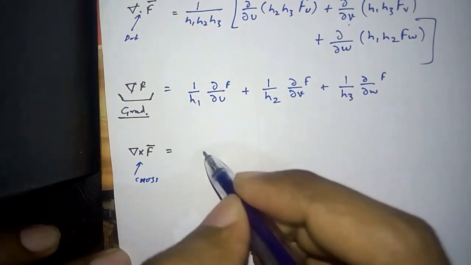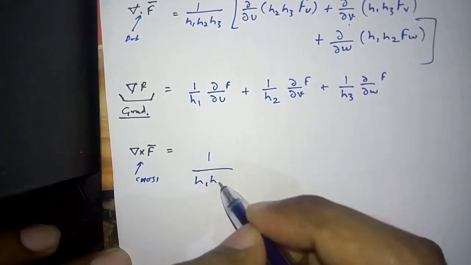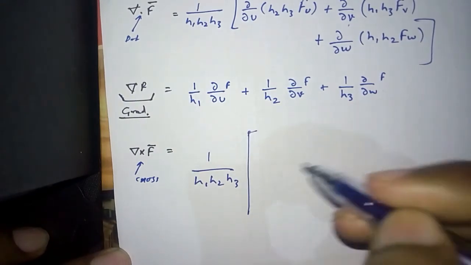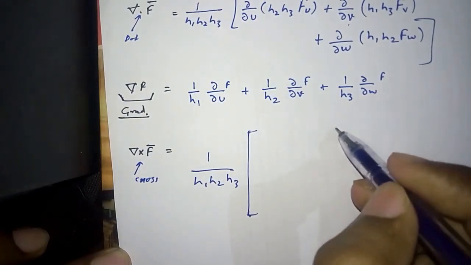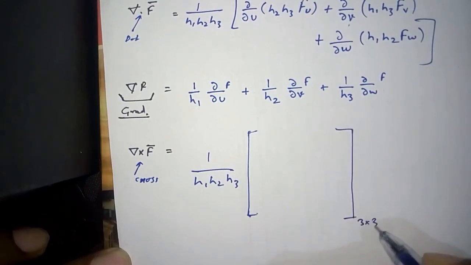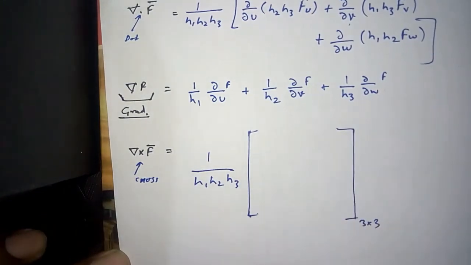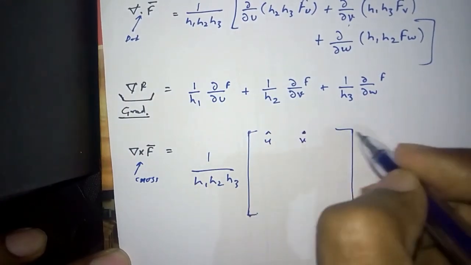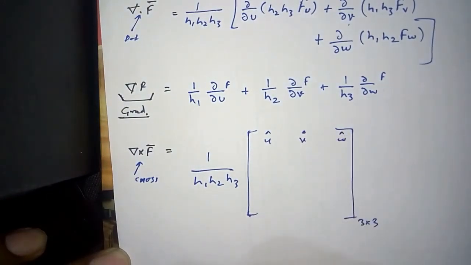And the last thing which is left is curl. So divide by h1 h2 h3. Make a matrix here which is 3 by 3. Then this is u cap, here v cap, here w cap.